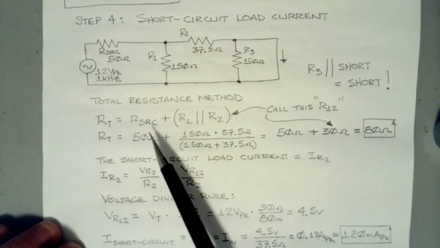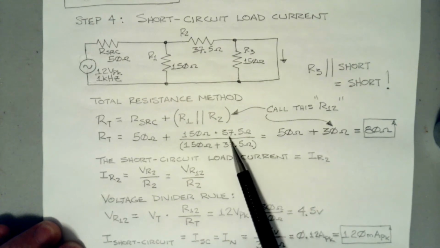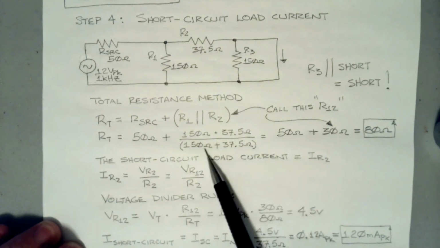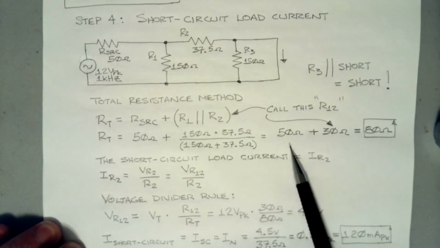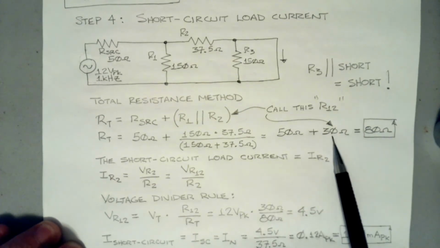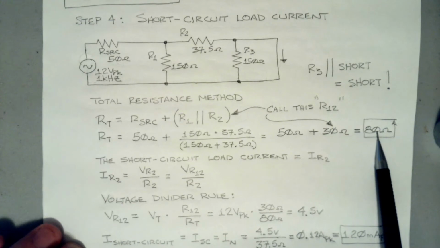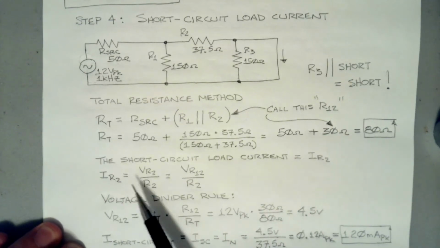Our total equals 50 ohms plus the product over the sum, 150 times 37.5 over 150 plus 37.5. This R12 turns out to be 30 ohms. When you add it to the 50, you get 80 ohms, so we have a total resistance of 80 ohms.